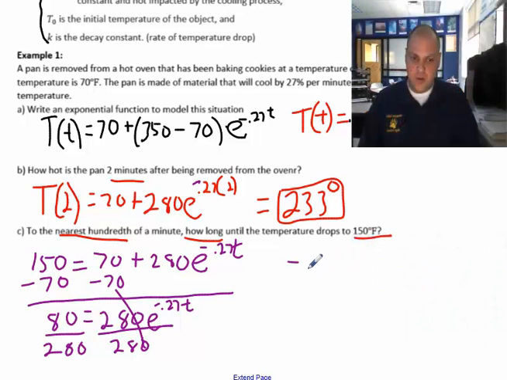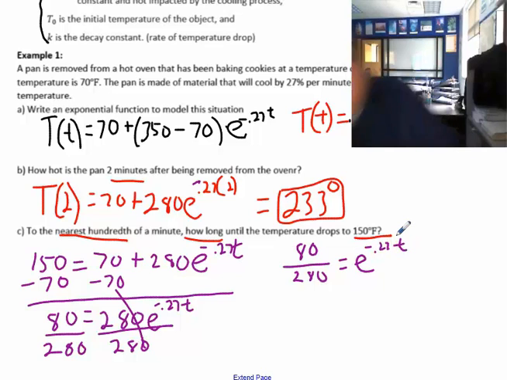I'm going to leave it as 80 over 280. You could divide it out. I didn't divide it out. 80 over 280 equals e to the negative 0.27 t.